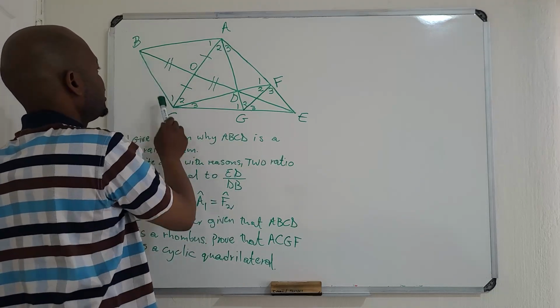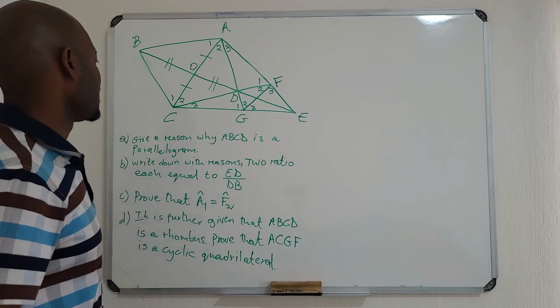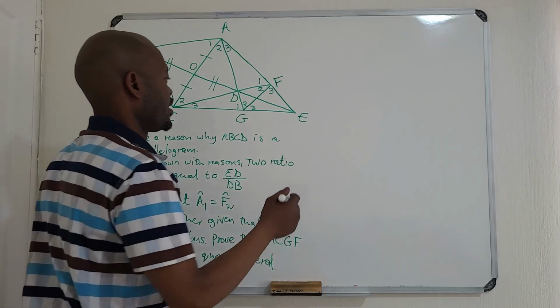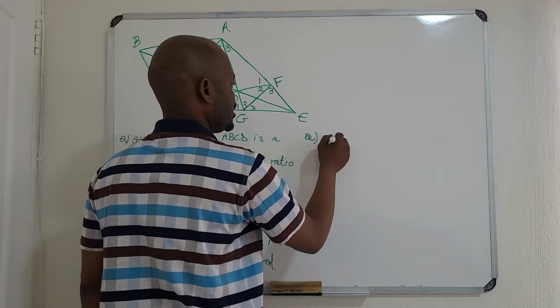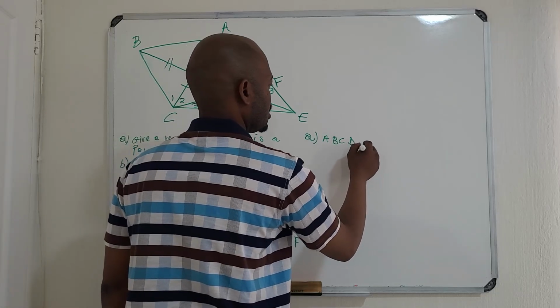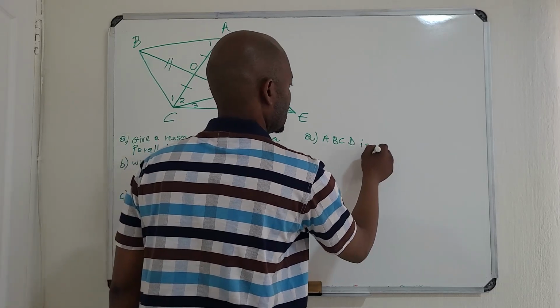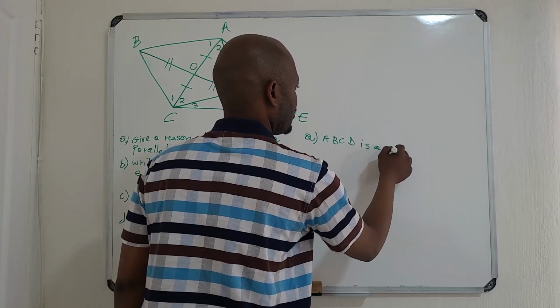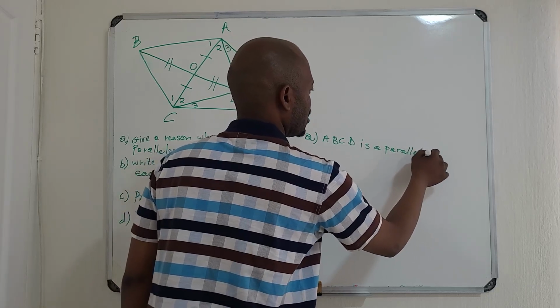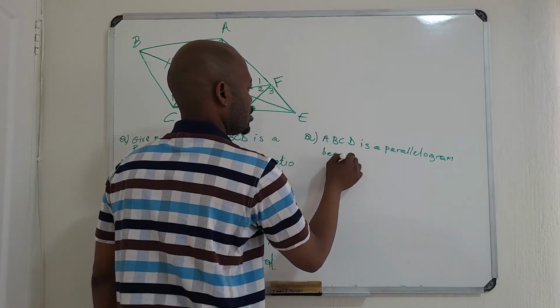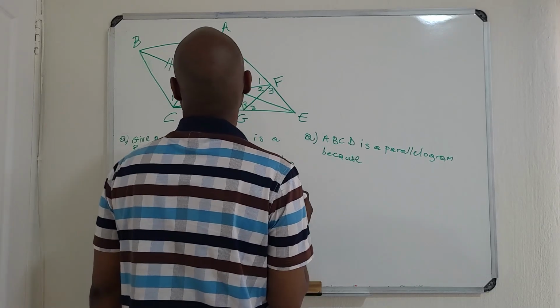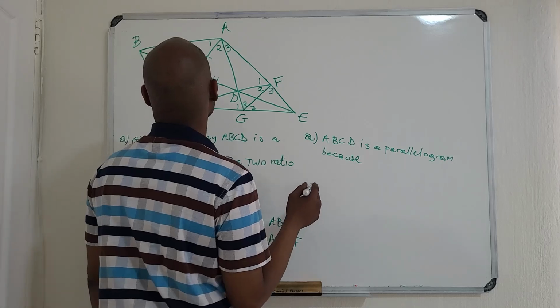Why is ABCD a parallelogram? ABCD is a parallelogram because diagonals bisect each other.